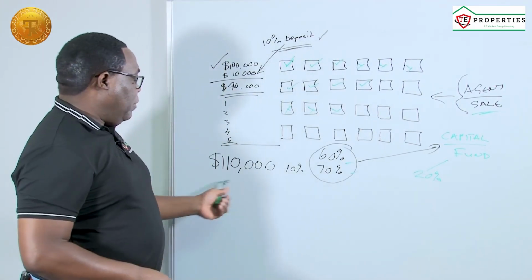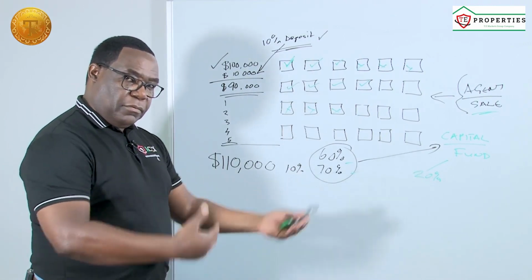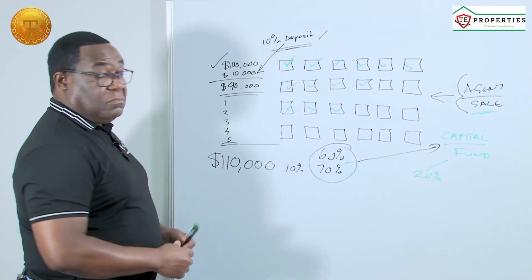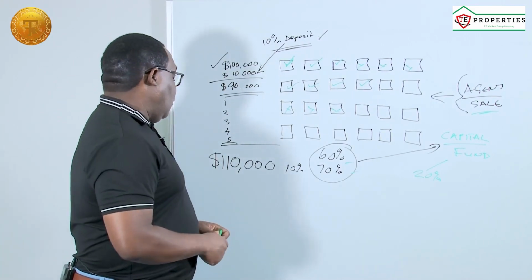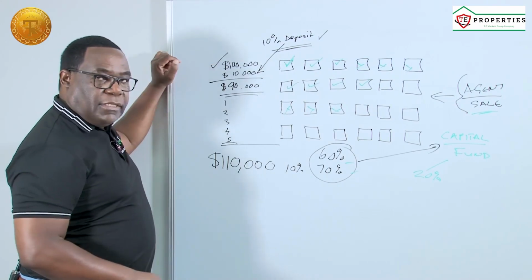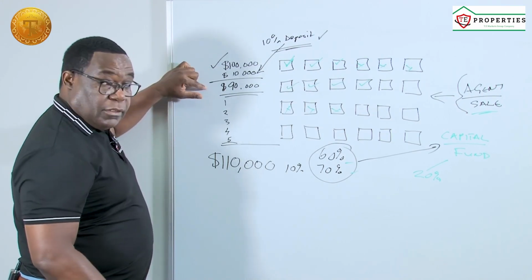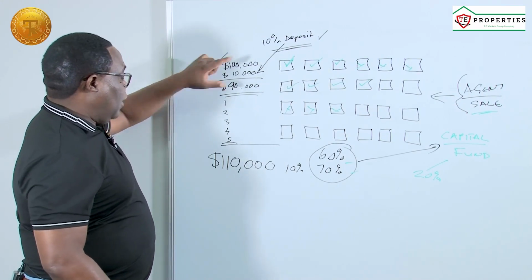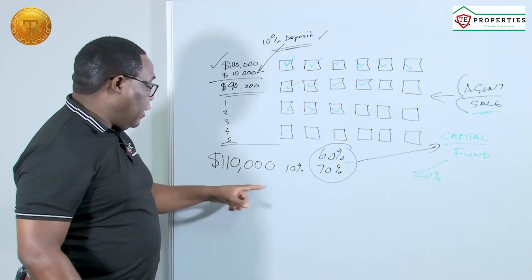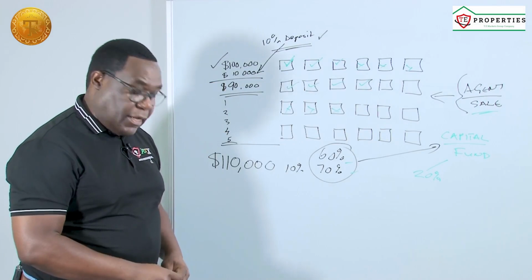And so the property prices will increase by 10% in that period, say 30 or 45 days, maybe 90 days in some cases. So the offer price was $100,000. You placed a 10% deposit. You owe $90,000 in the contract. And after the 30-45 days, that is the offer price that the developer is now selling.